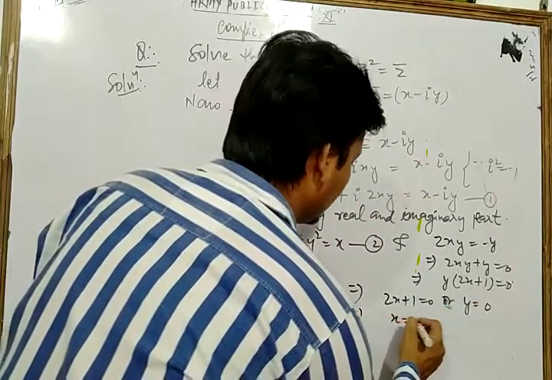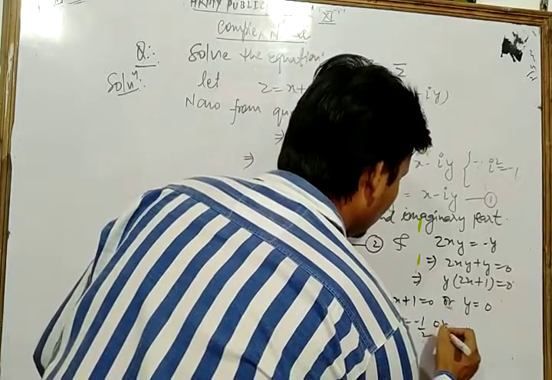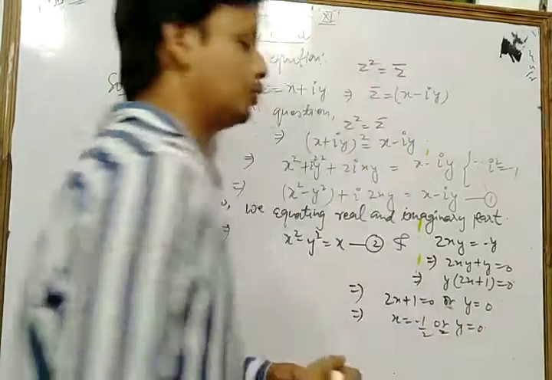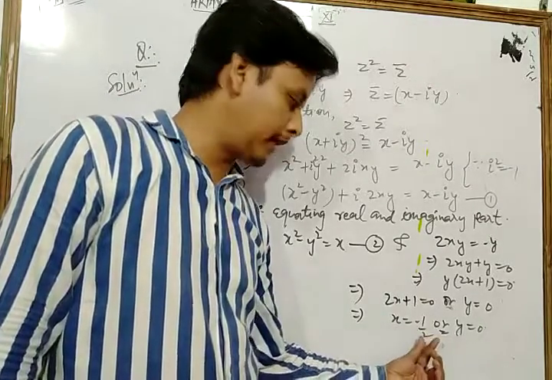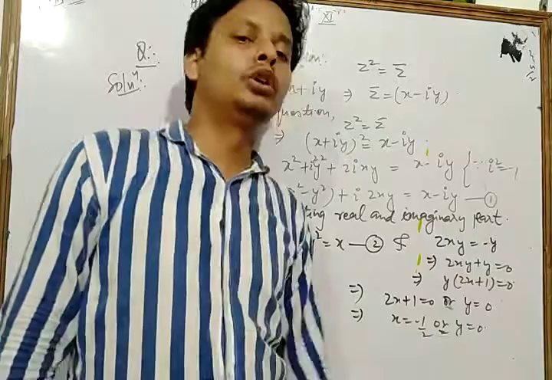Now we have x is equal to minus 1 by 2 or y is equal to 0. Dear students, we have two values of x and y.